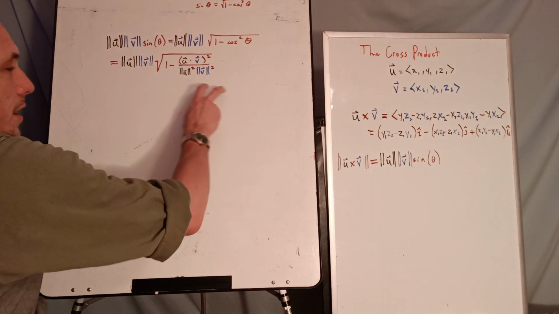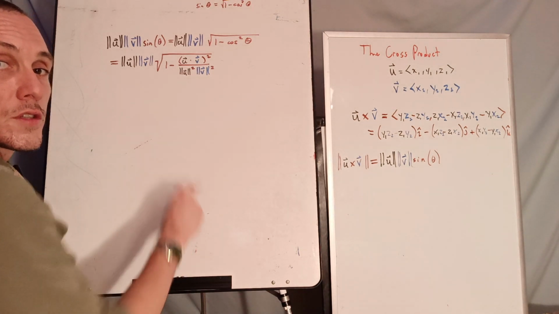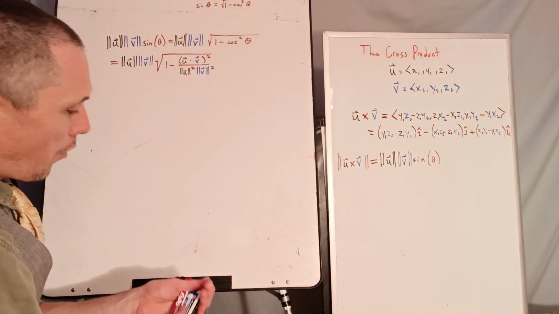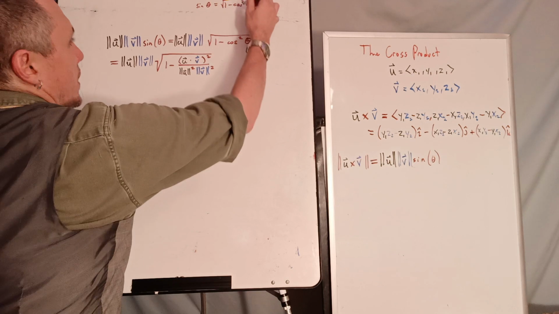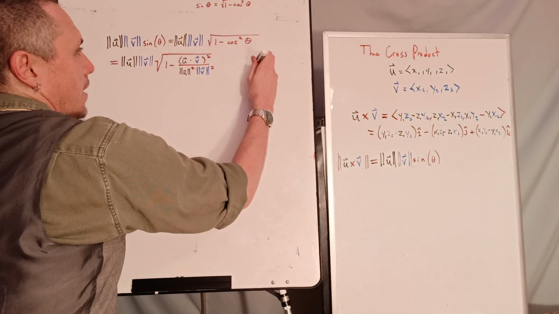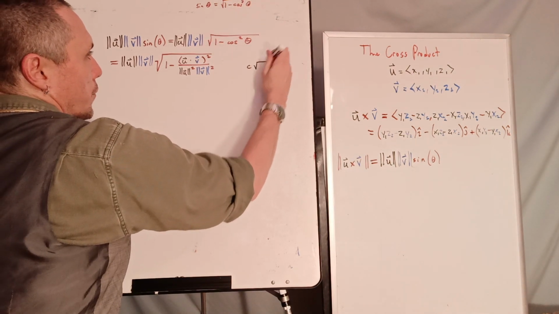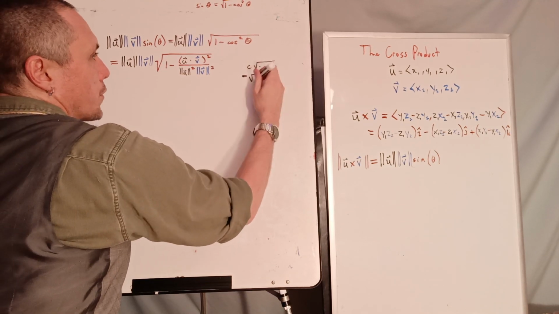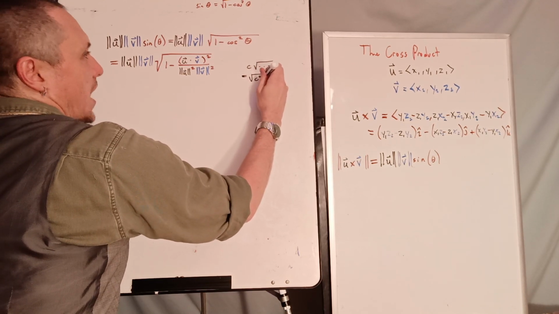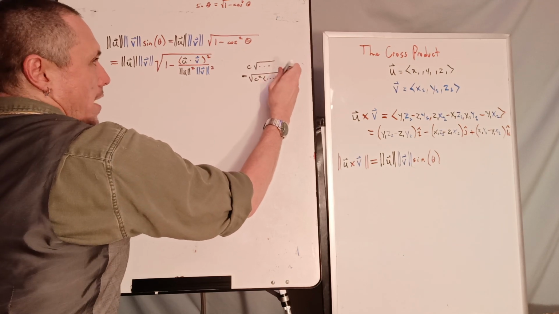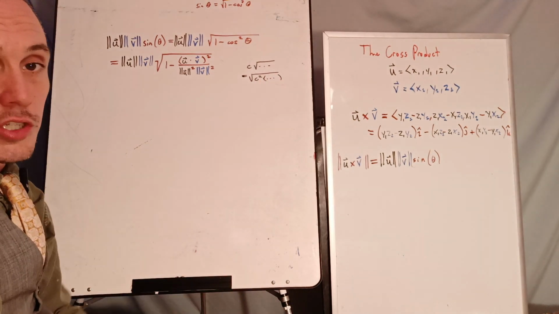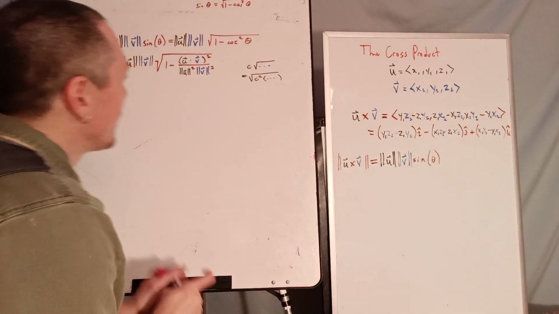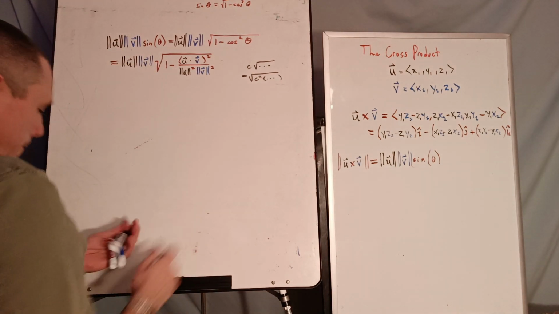Now, one more step here. Let's bring something inside of this square root. Remember, you can always bring something inside of a square root. If I have some constant c times a square root of blah, blah, blah, then I can bring this inside as the square root of c squared times blah, blah, blah, right? That's just square roots, baby. So let's bring this guy inside.